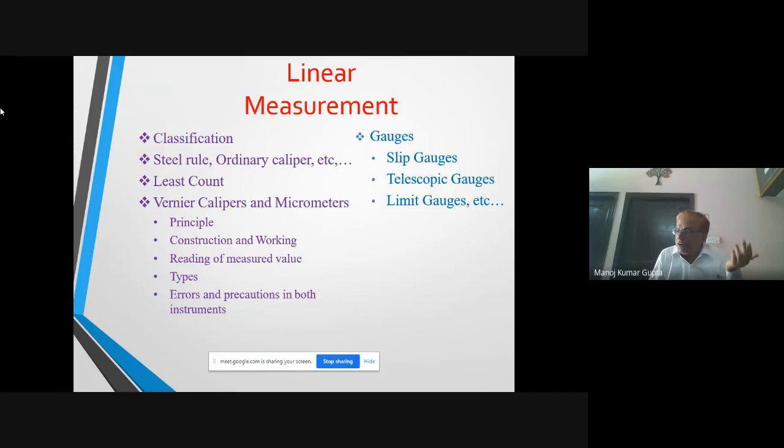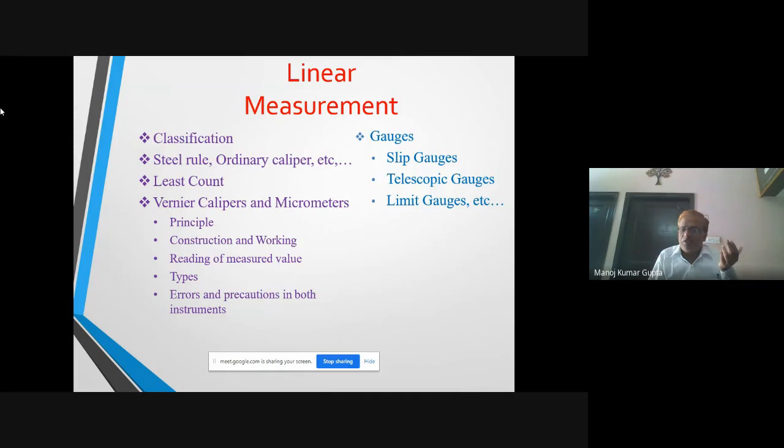And there are international standards too. International standards are kept at Paris. In India, national standards are kept at the National Physical Laboratory of India at New Delhi. And India adopted this system in 1962.